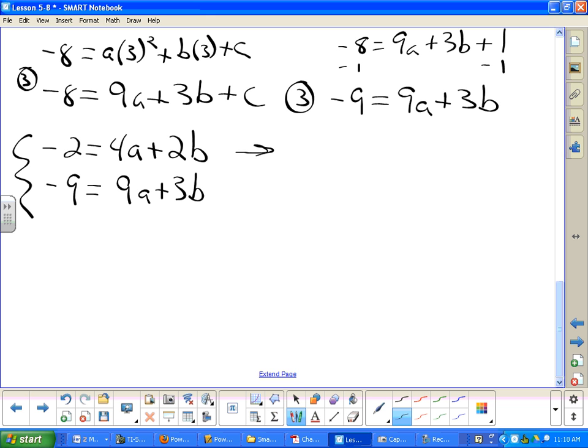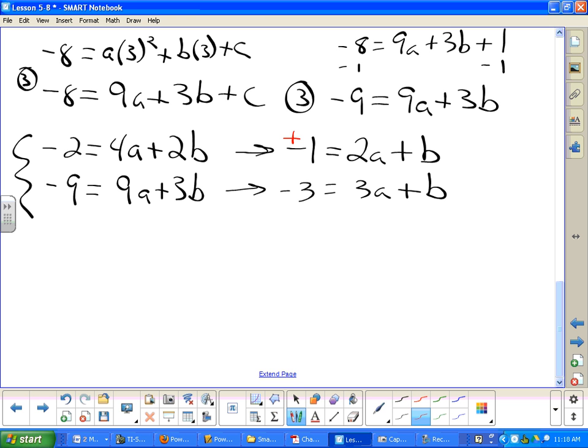So this one is going to become negative 1 equals 2a plus b. And this one here will become negative 3 equals 3a plus b. I just divided everything by 2, or 3. So now I'm going to multiply the first equation by negative 1.